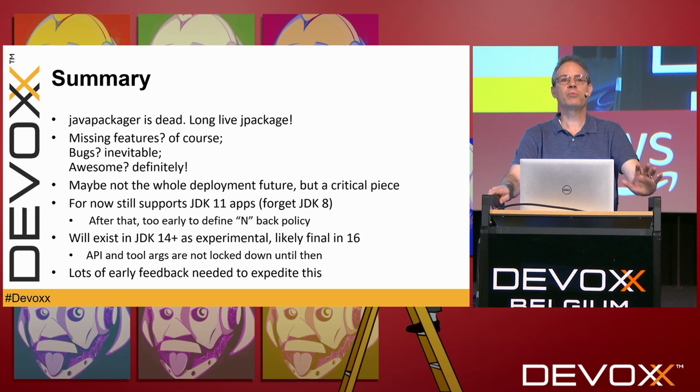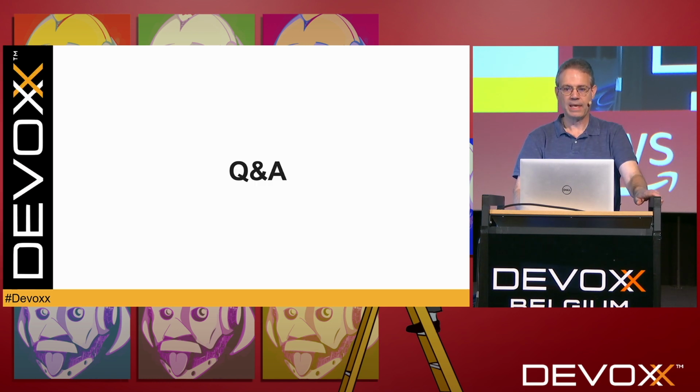Our support right now, we support JDK 11 and forward, so you can't take this and bundle a JDK 8 app. For that, I'd recommend just downloading the Oracle JDK 8 and using Java Packager. And we need feedback. So any of you who are interested in using it, please go download the early access and give us feedback. And I think we have about 1 minute for questions, if there are any.